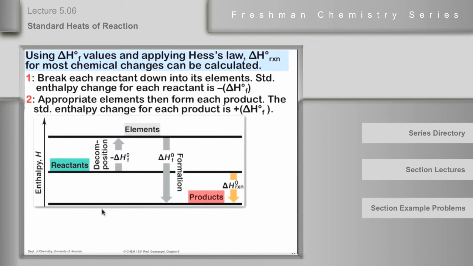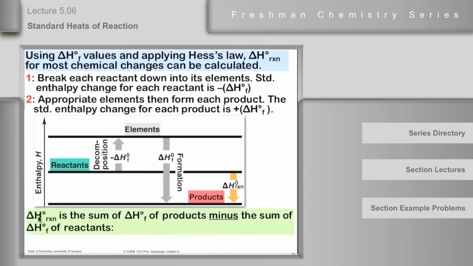So we're going to write an equation for this. The delta H of reaction is the sum of the delta H of formation of the products minus, that's this line right here, minus the sum of the delta H of formation for the reactants. So all we need is delta H of formation values and a balanced chemical equation, and we could calculate delta H. Okay?